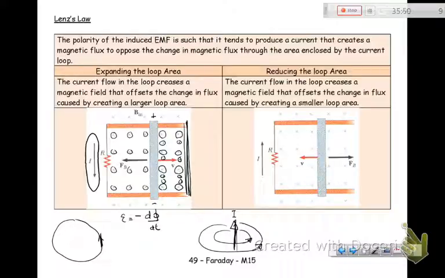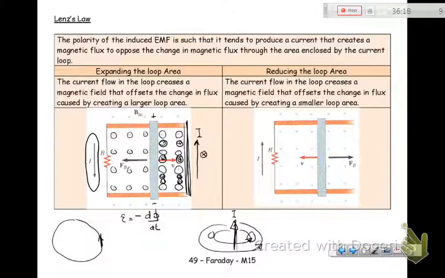So if on this back edge here I have a current flowing like that, then that means that my magnetic field is going into the page on that side, and out of the page on this side. And that's where this thing with a dot in the middle comes from. So the original magnetic field was going into the page, and the induced magnetic field is coming out of the page.